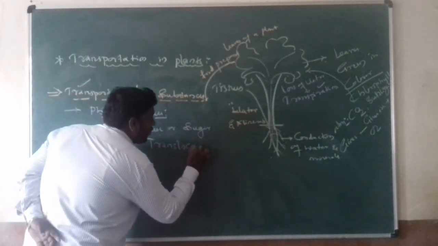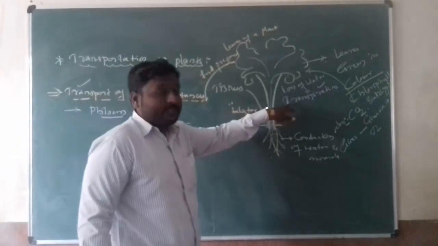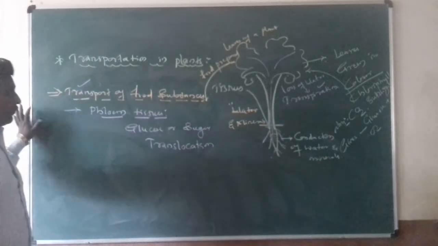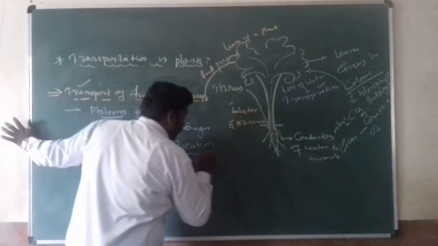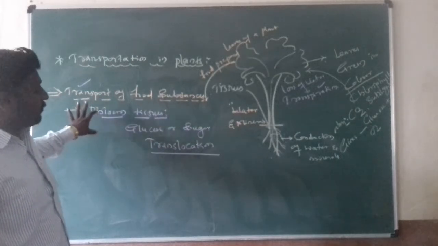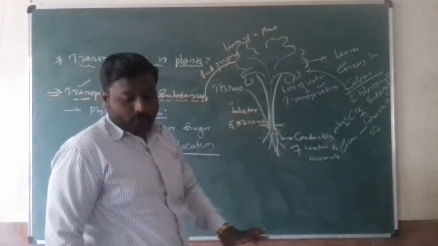The process of translocation. Yes, my dear students, in xylem we discussed the process of transpiration. In phloem, let us see, it is the process of translocation. Food products get transferred from leaves to other parts of the body of a plant, which is translocation.